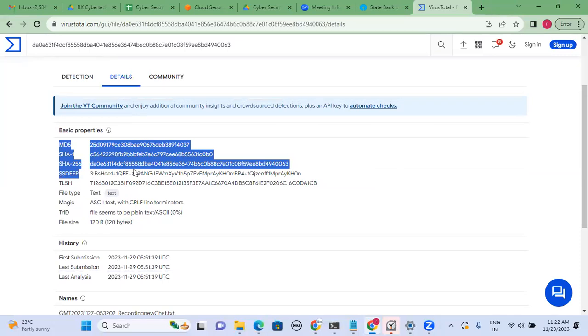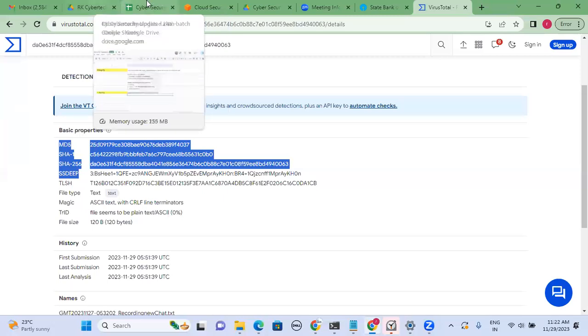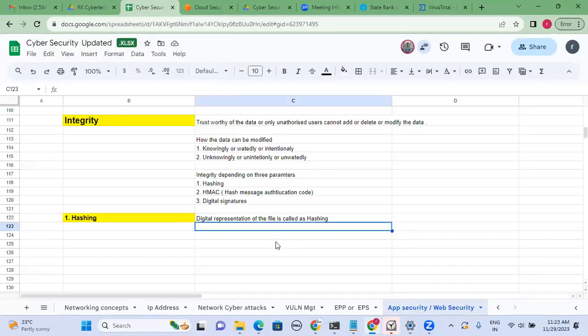This is called digital representation. It's a combination of both characters or alphabets and numbers. You got it right? Yes, sir.